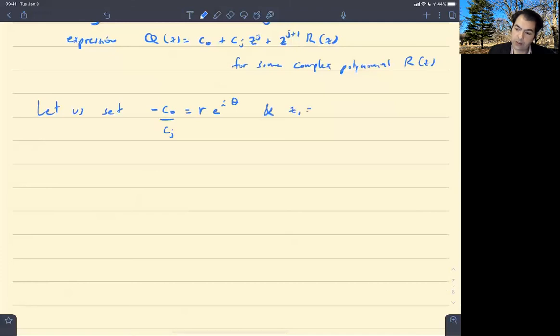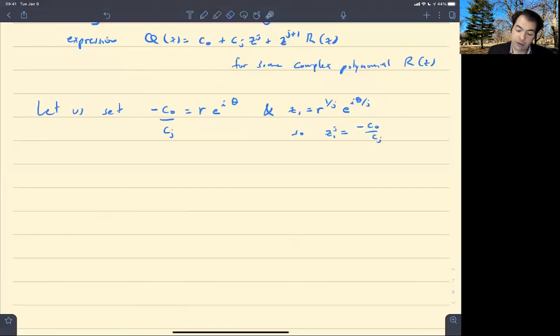And C1 equal to r to the 1 over j, e to the i theta divided by j. So C1 raised to the j is equal to minus C0 over Cj.